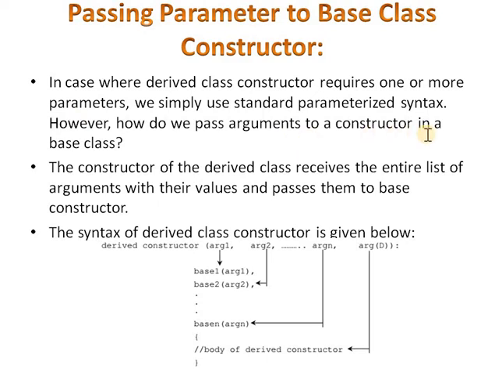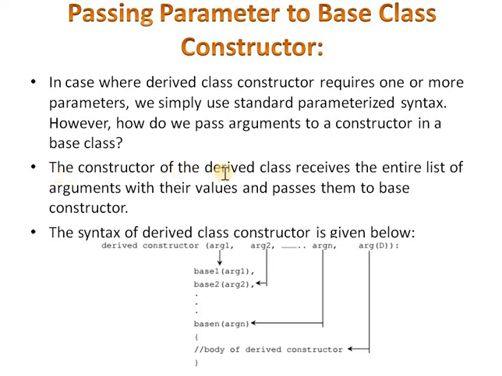Whenever the derived class constructor requires one or more parameters, we use a parameterized constructor. But one question arises: how do we pass arguments to a constructor in a base class?